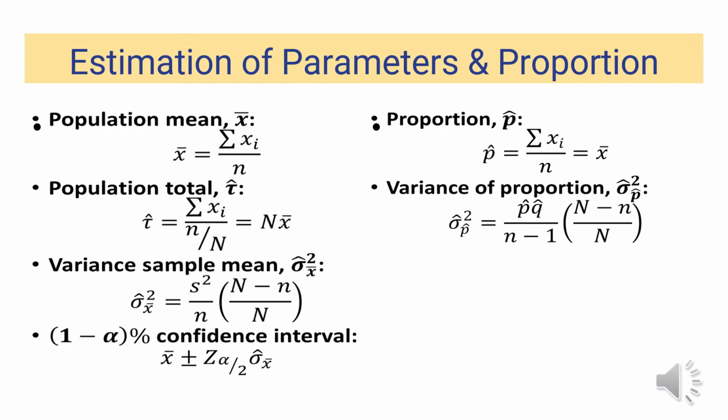You can find p hat the same way you find the mean, which is x bar. For the variance of proportions, the estimator you use is sigma p hat to the power of 2. You can see the formula in the slide.